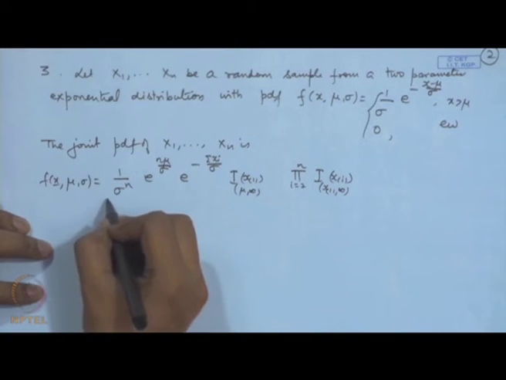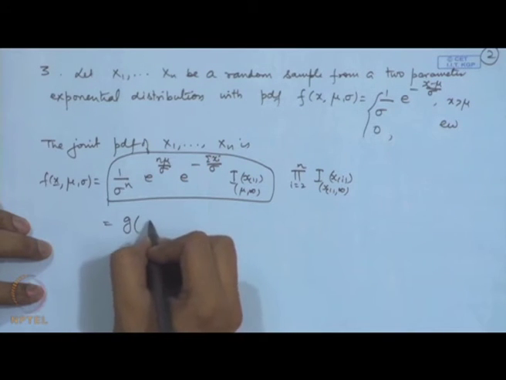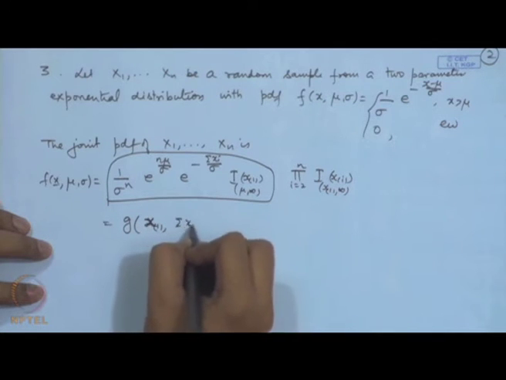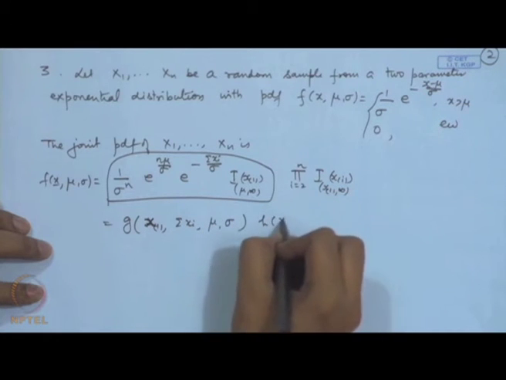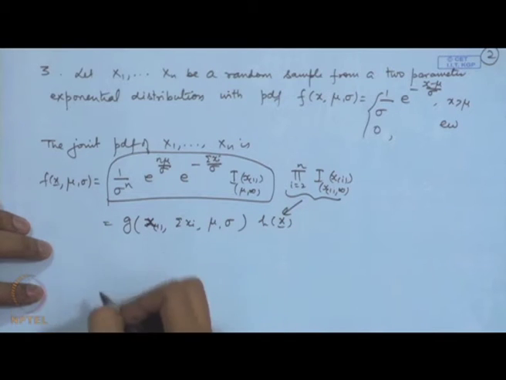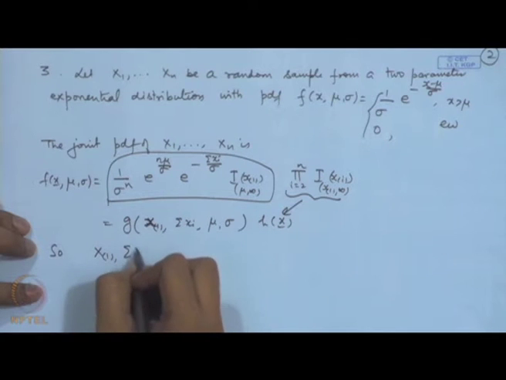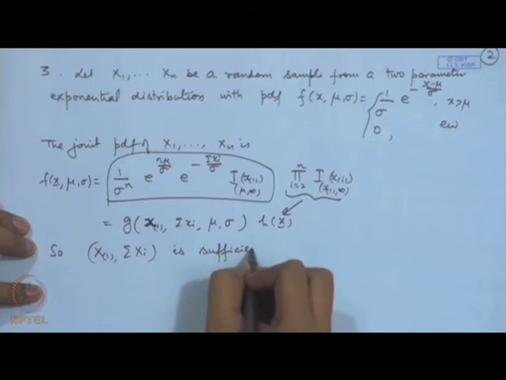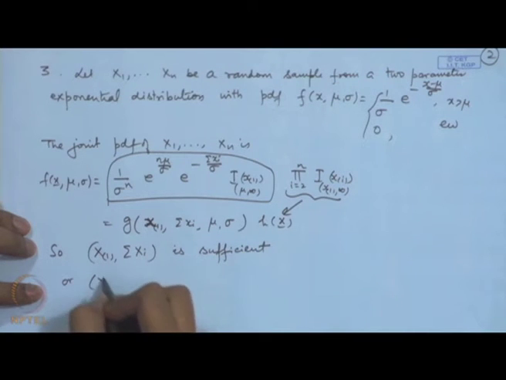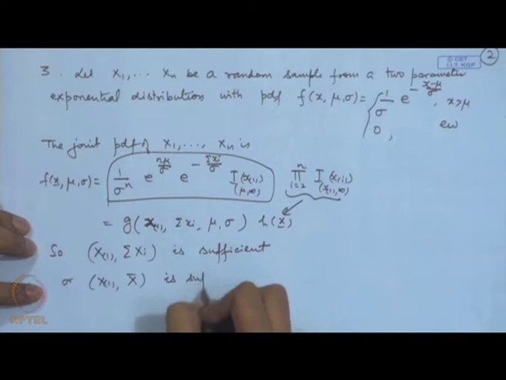So, this portion I can write as g of x 1, sigma x i and mu, sigma, and this part is h of x. So, here we conclude that x 1 and sigma x i is sufficient, or we can also say x 1 and x bar, because this is a 1 to 1 function of it, is sufficient.